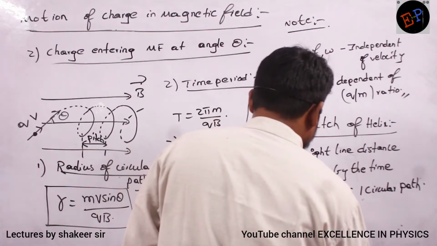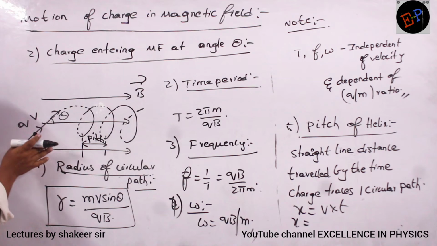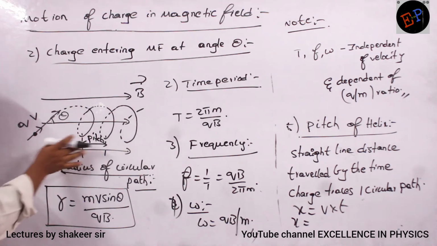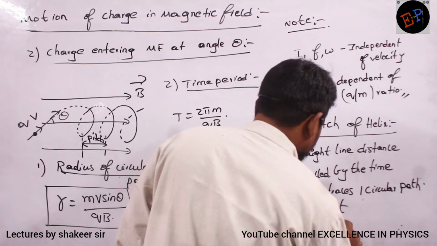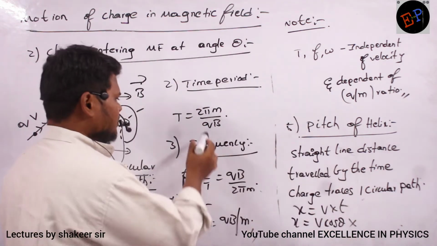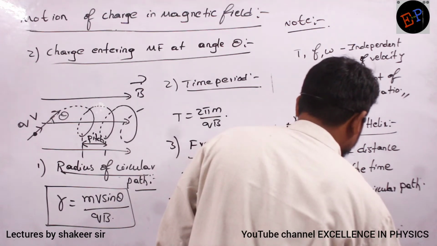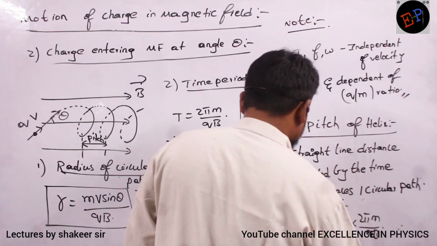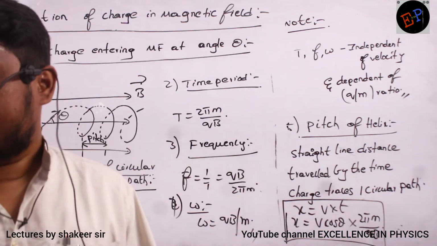Distance is nothing but velocity into time. What is the velocity responsible for making the charge move in a straight line? V cos theta is responsible, no? So V cos theta. And what is the time taken for one rotation? 2 pi m by qB. So this is the equation to calculate the pitch of the helix. Understood, no? That's all.